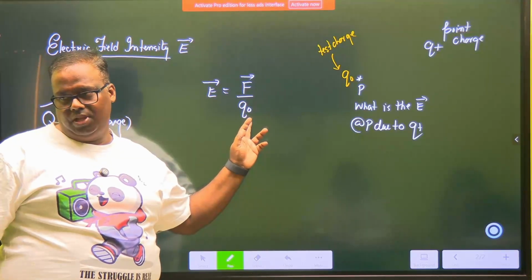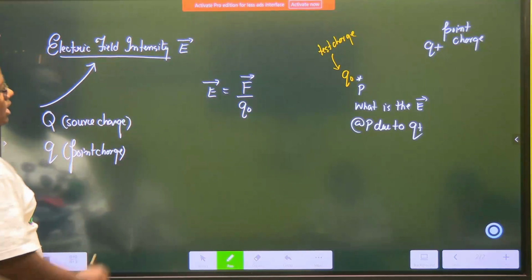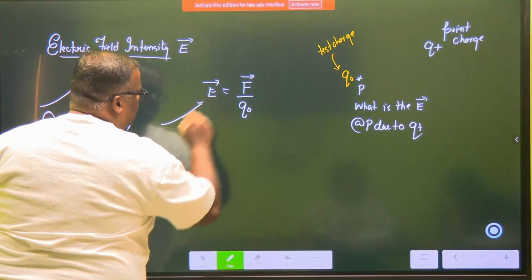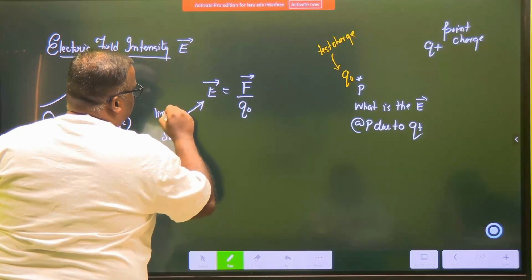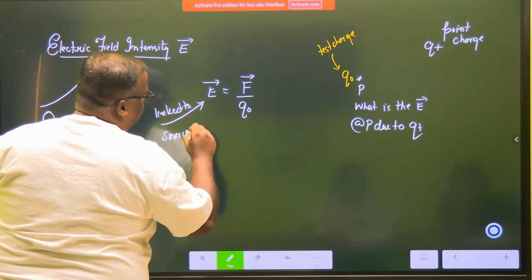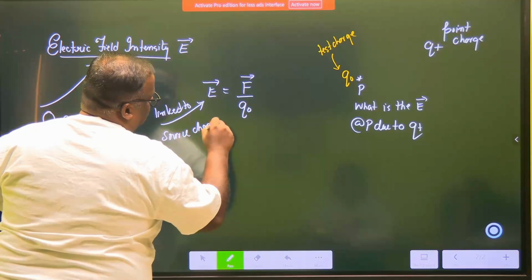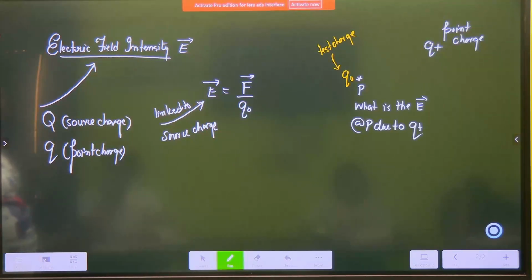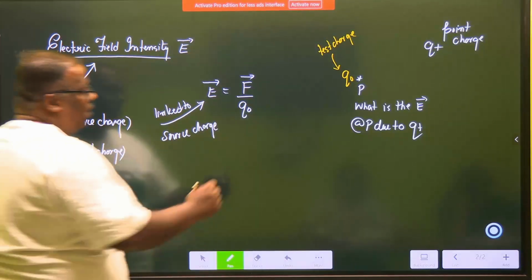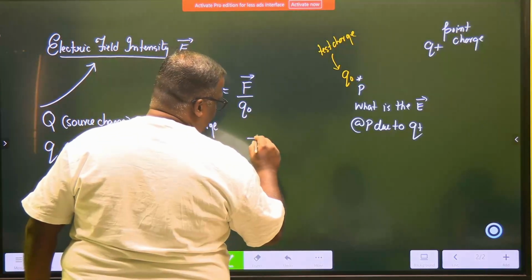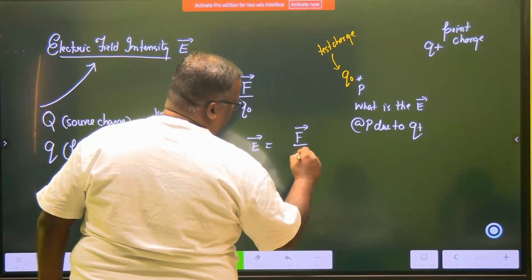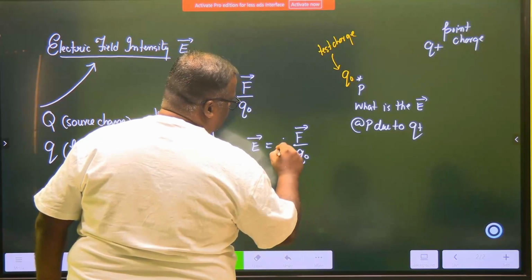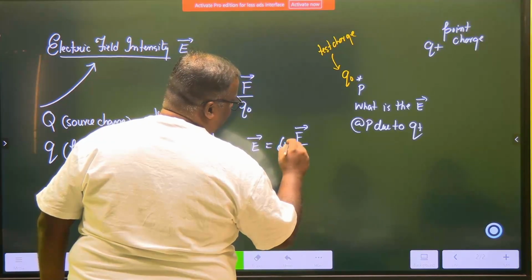And we say that electric field E is always linked to the source charge. Children, this charge plays no role out there. This charge has only come to assess the scenario. So in a better way, I would write that electric field E is equal to F by Q naught. This we write in vector form.